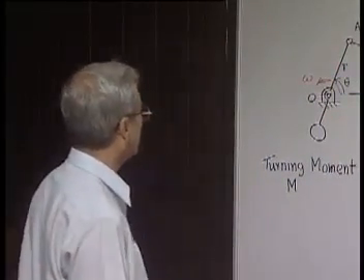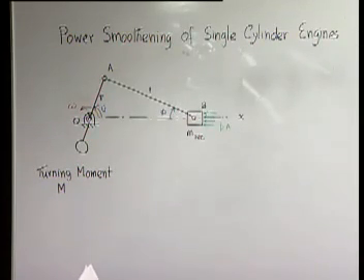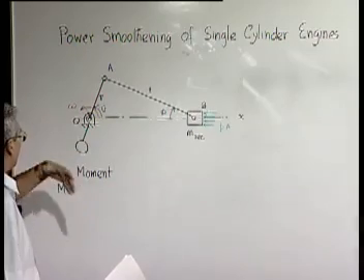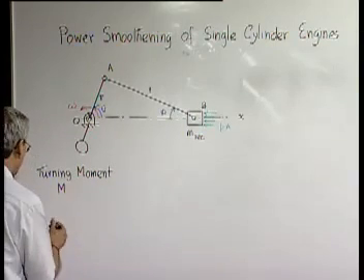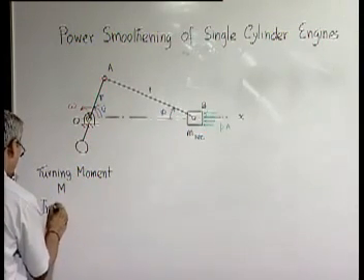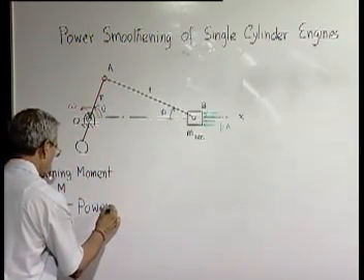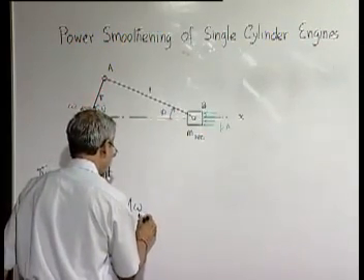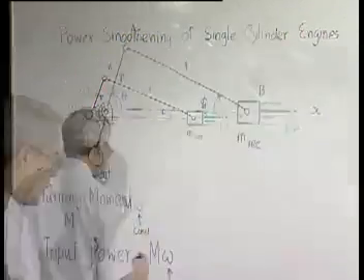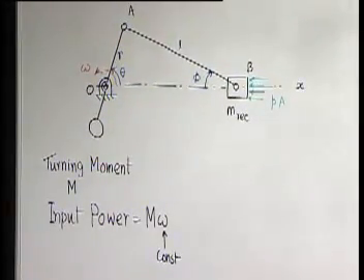Now, if we consider the input speed or the running speed omega to be approximately constant, then what really tells about the fluctuation of input power is also the fluctuation of turning moment, because input power is nothing but M into omega. So when we take omega as constant, then the fluctuation of M or turning moment is the critical thing, and that is what we have to find out.